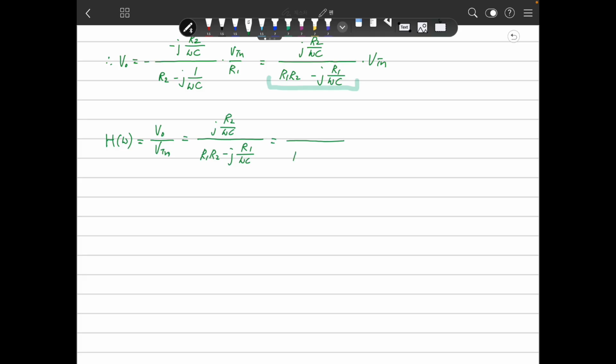The general form is 1 plus j omega over omega 0 times H0, remember? So we write it in this form. To do that, divide by R1 R2.